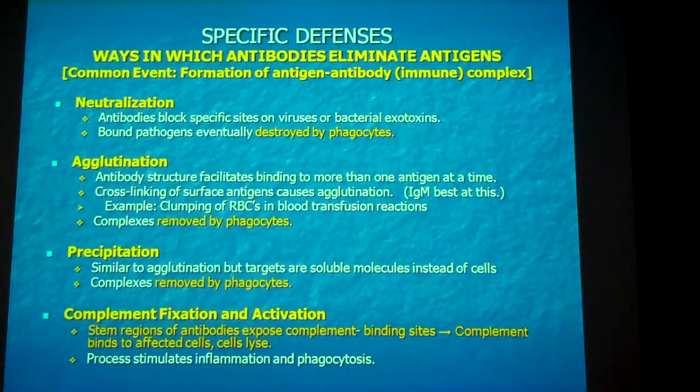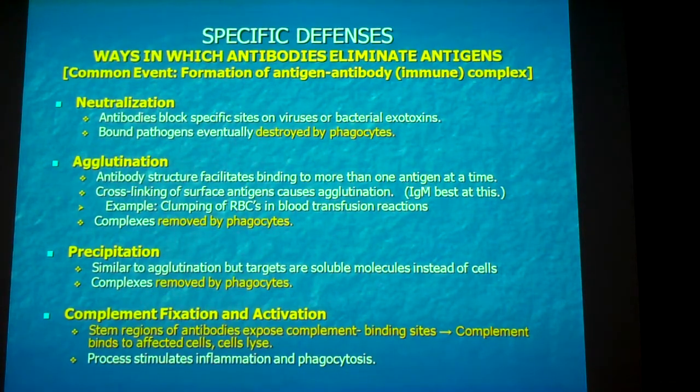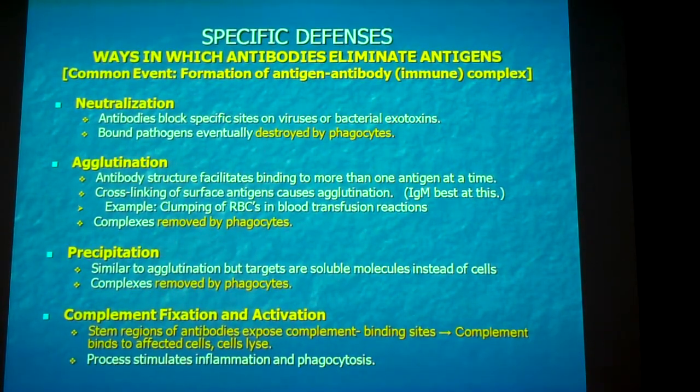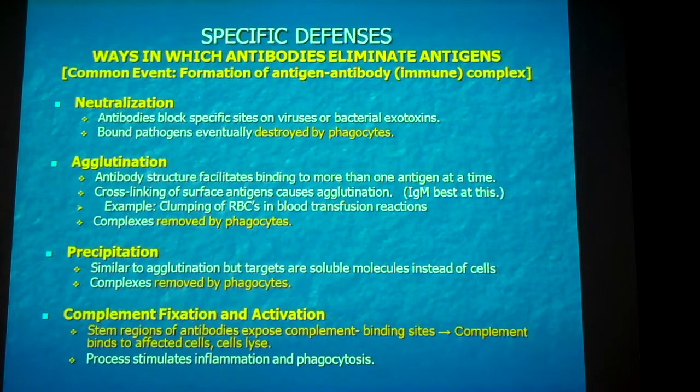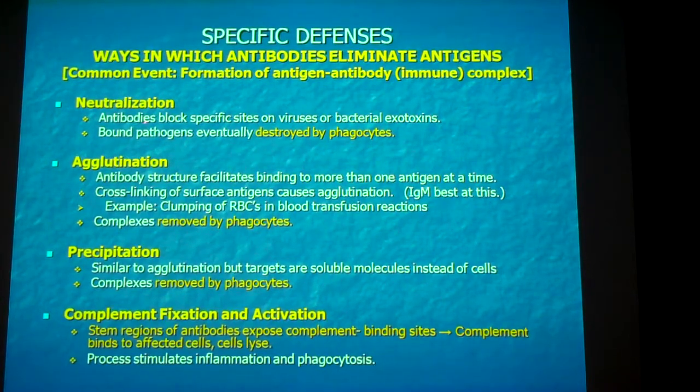Now, we said that antibodies don't kill. They immobilize the cells that contain the antigen they're specific for, and those cells will be eliminated in some other way. So here are the ways. They can neutralize by blocking specific sites on viruses and bacteria.